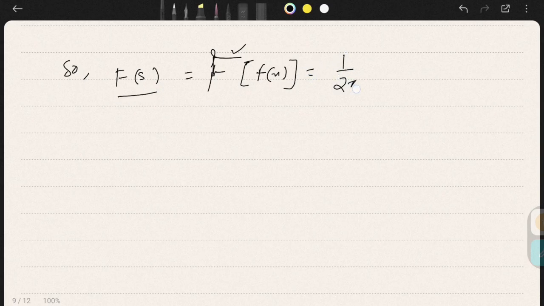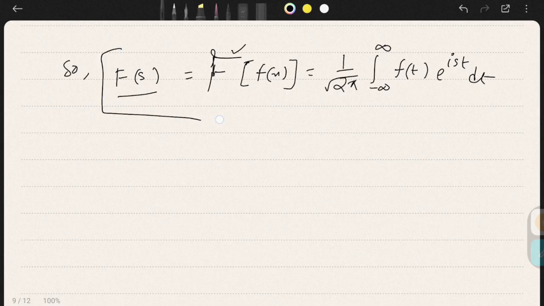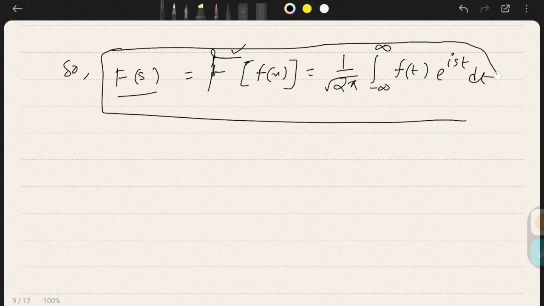This is nothing but 1 by root 2 pi times the integral of f(t) e to the power ist dt, or f(x) e to the power isx dx, whatever you can write. That's it, that's the Fourier transform. When you are given a function f(x) or f(t) and asked to find the Fourier transform, you just use this formula and put f(t), and you find the Fourier transform.